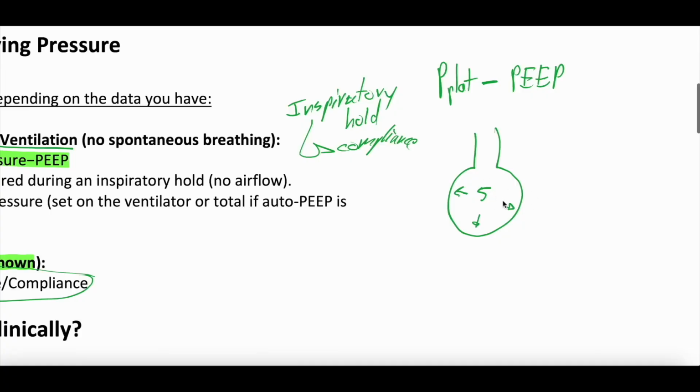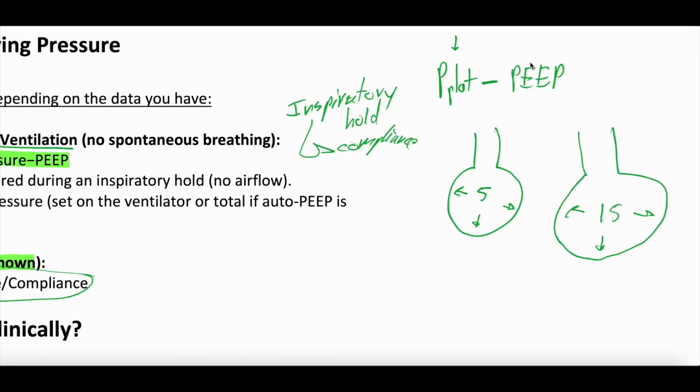And if that alveolus is perfectly distended, that plateau pressure, that inspiratory hold, that pressure that's reflective of alveolar distension, is going to be probably low. And we're going to have a low plateau pressure, and the driving pressure then is going to be lower. Whereas if we have an alveolus that is over distended because there's too much PEEP, the PEEP's at 15, that plateau pressure is going to be really high.